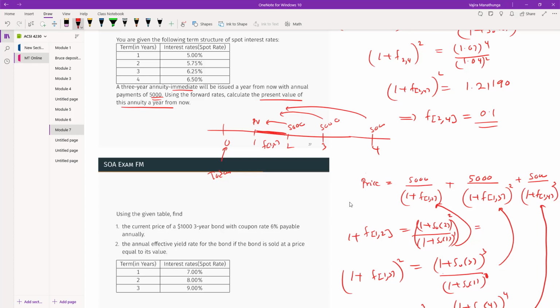So this quantity is equal to 1.06505, and let's calculate the second one. That is 3 years, so 1.0625 cubed. Actually, you can see 1 plus S01 is a common factor, so you can make this easy if you want.